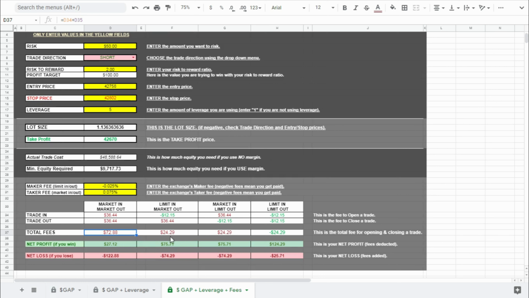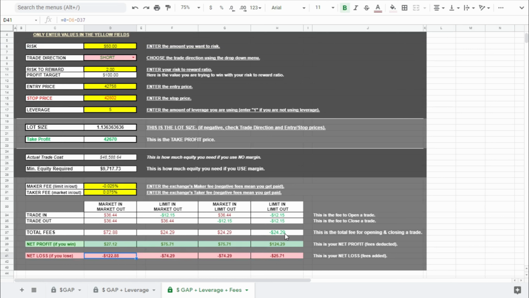So when you do lose money, not only do you lose the 50, but now you add in the $72 fees, so your total loss is $122. Is that what you're expecting? No. That's the whole point of creating this calculator, to determine where your risk is, what your maximum risk is. $50. But now we're losing $122.